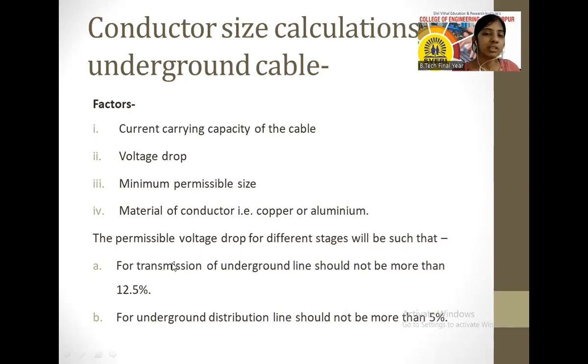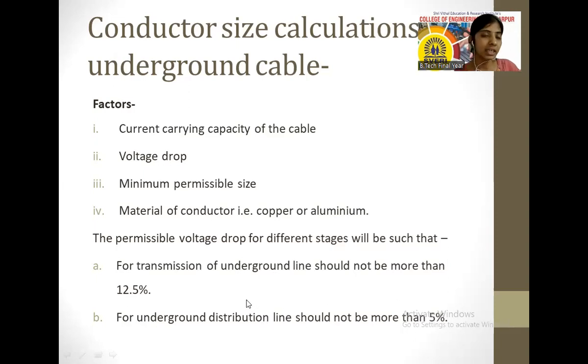Suppose it is the transmission of the underground cable; the answer is given in the question itself, whether the line is for the transmission purpose or for the distribution purpose. On that basis we will consider the voltage drop. Okay, so these are the factors you have to consider while calculating the size of the conductor.